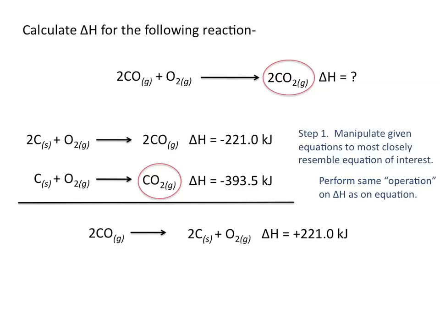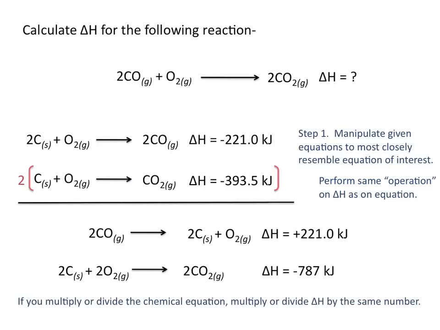And so for this equation, I need to multiply it by 2, so that I have 2 moles of CO2, so it more closely resembles the reaction of interest. And when I multiply the reaction by 2, I need to multiply the whole equation by 2. And I think it helps to draw parentheses around the entire equation. So this gives us 2 carbon plus 2 O2 gives us 2 CO2.